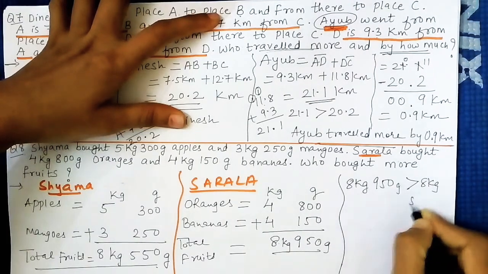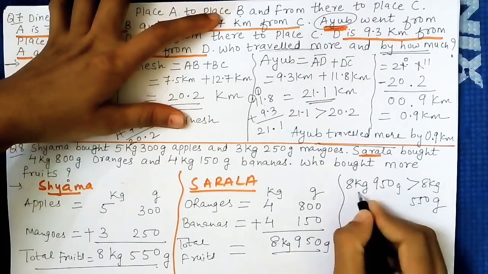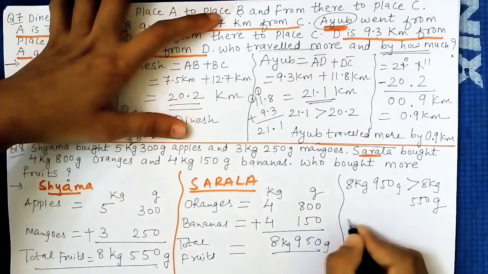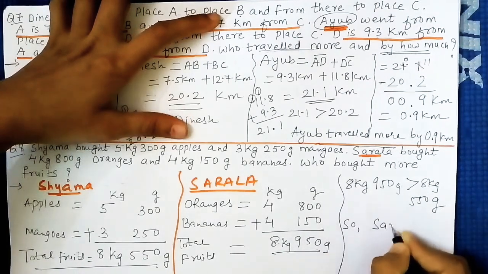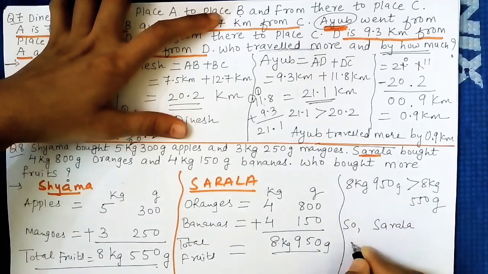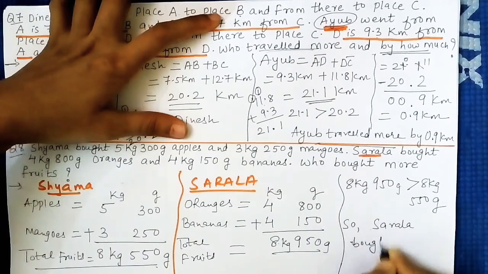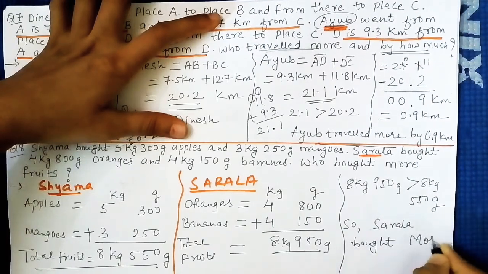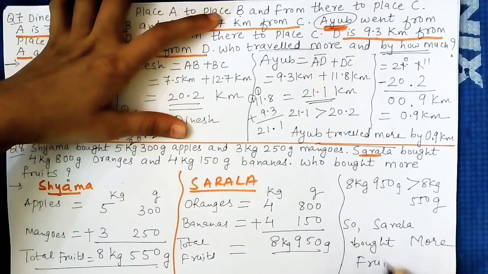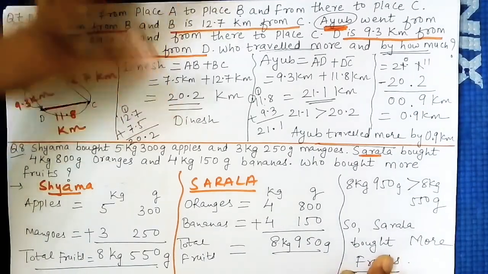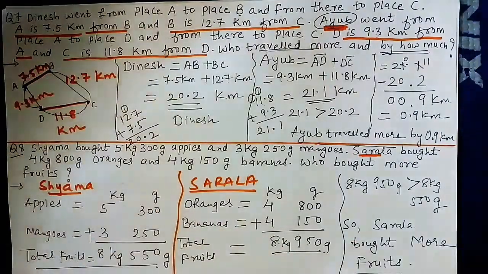So this part is greater. So Sarla bought more fruits. This will be your final statement. So this was question number 8.